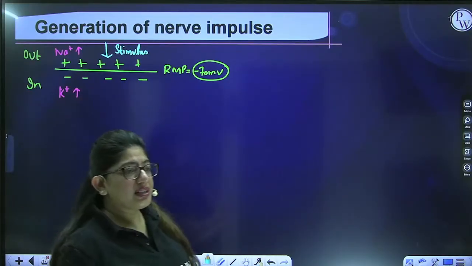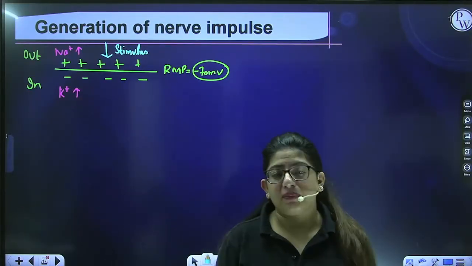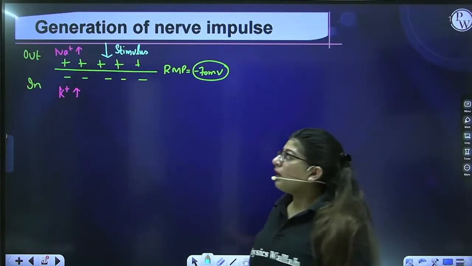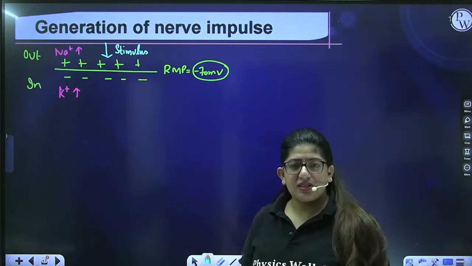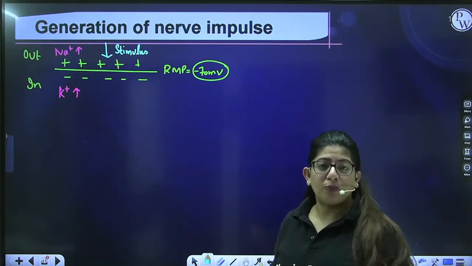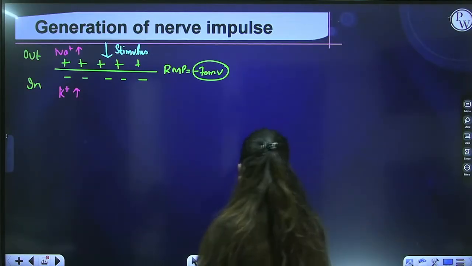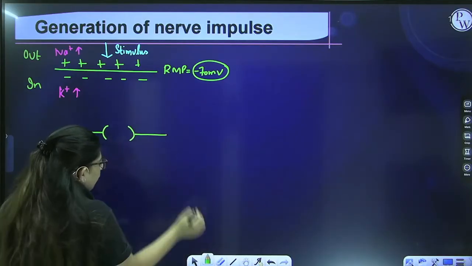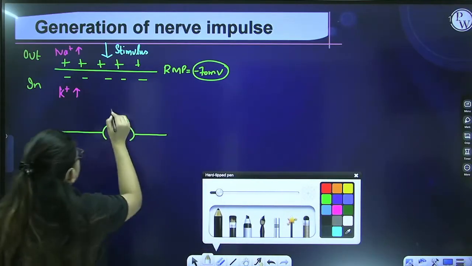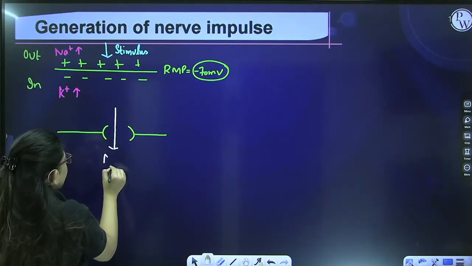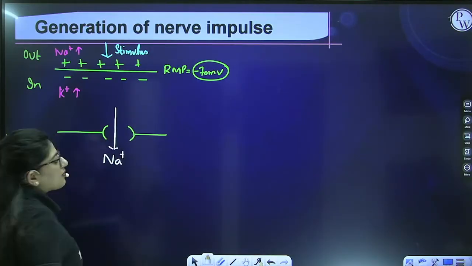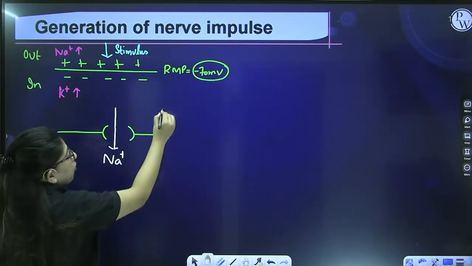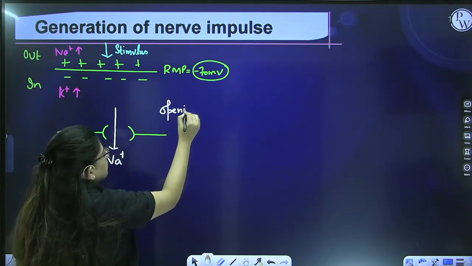Stimulus is something that is a change in the environment, okay? So whenever the stimulus arises, there is a change in environment that leads to opening of sodium ion channels. Which ion channels open here, guys? Sodium ion channels. Now, if the sodium ion channels open and the concentration of sodium is higher outside, sodium ions will enter inside.